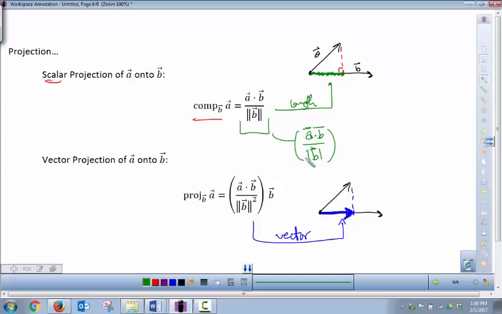This is just the length, right? And then I want it going in the direction of B. So B, if it's a unit vector, great. If it's not a unit vector, I have to, what's that word called again? Normalize. I have to normalize B. How do I normalize B? Divide by its magnitude.